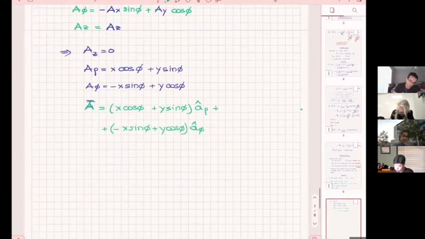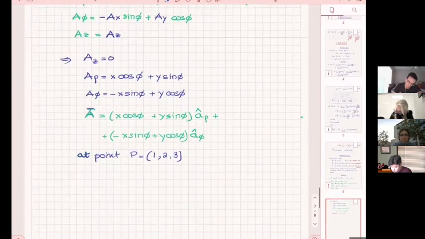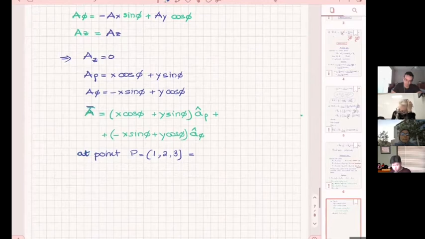So at point P, 1, 2, 3, what does that become? 1 is x, y is 2, and z is 3 in the point. But A only has x and y, which means it is independent of z. All right, so for every z is the same.